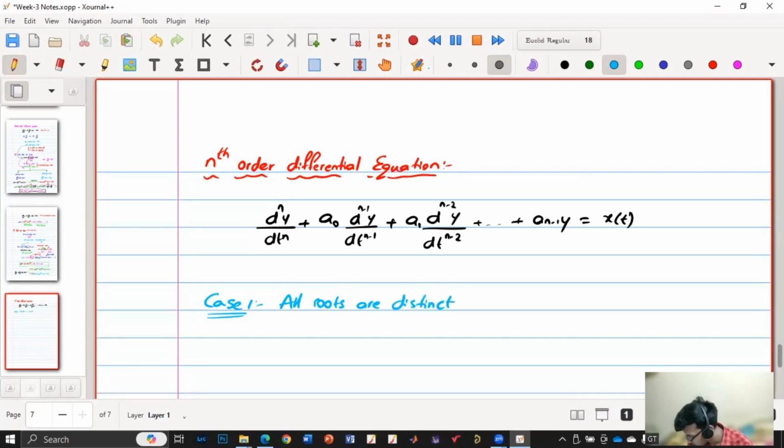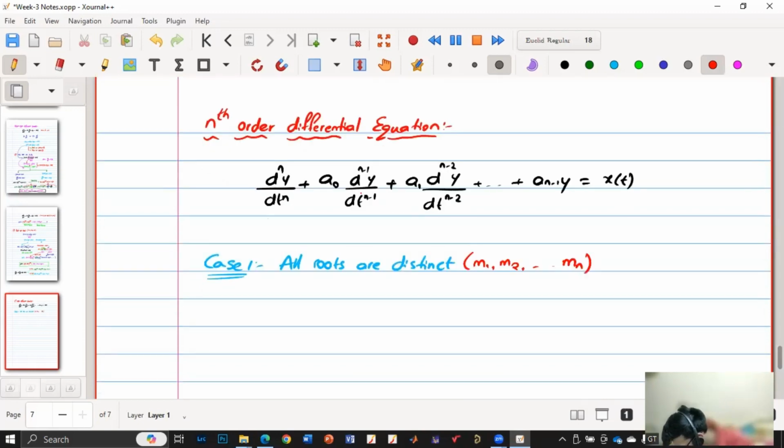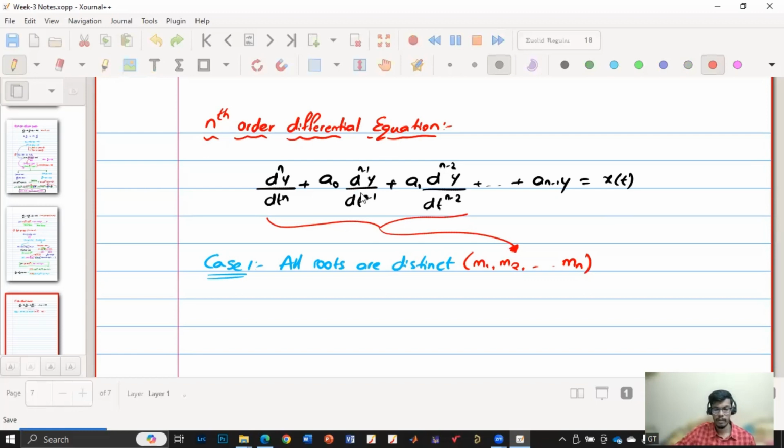Say the roots are m1, m2, up to so on mn. If you use the operator, you will get these roots. Say I have given the roots. Now what will be the expression for y of t?